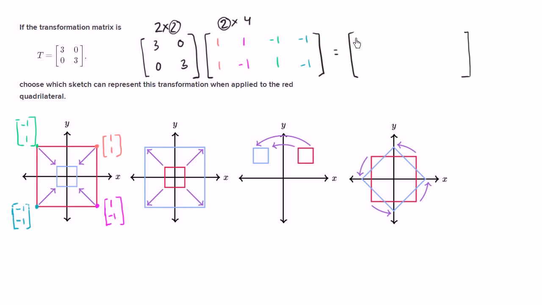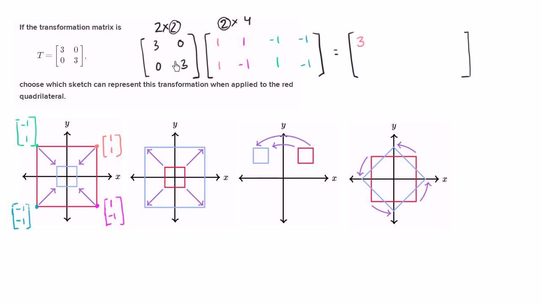For the first row, first entry, we use this row and this column. The second entry is the second row in the first column. So 3 times 1 plus 0 times 1 is 3 plus 0, which is 3.